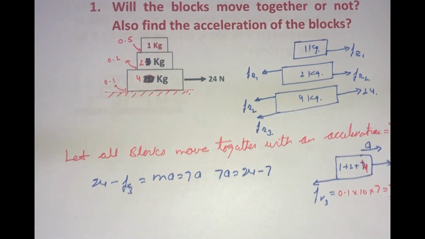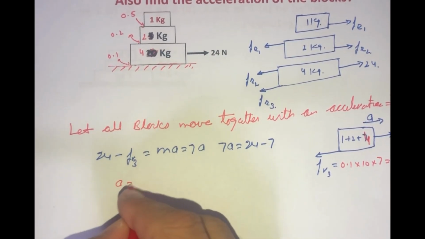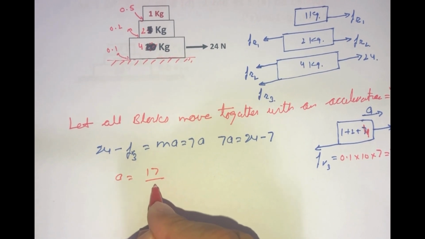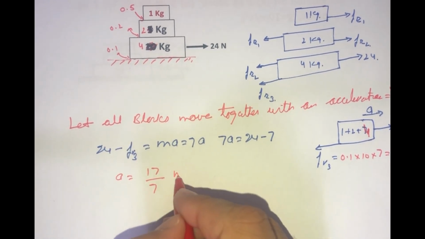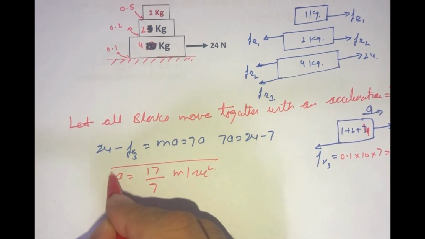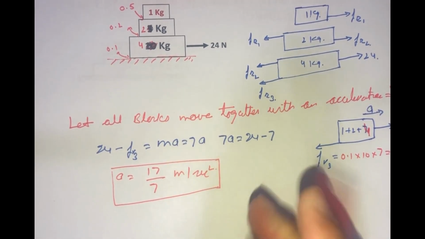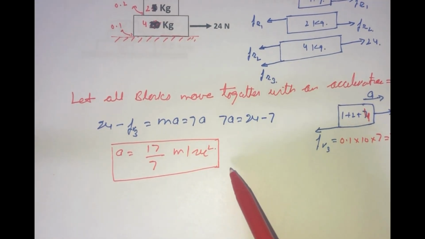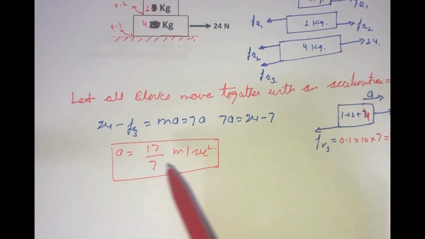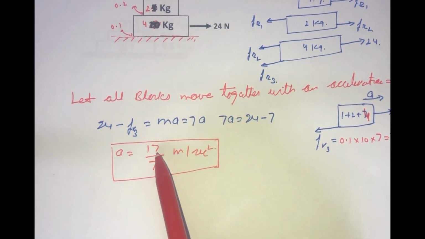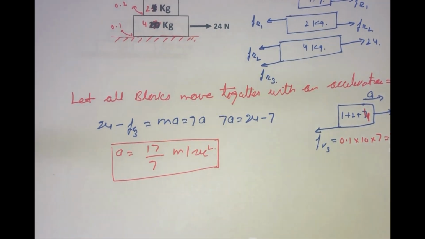So acceleration A will be coming as 17 upon 7 meter per second square. It means that all the blocks will be moving with the acceleration of 17/7 meter per second square.